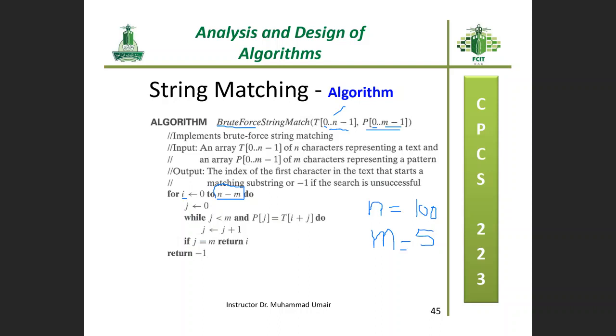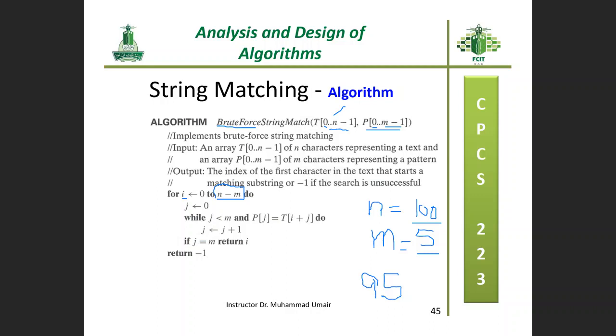Yes, the maximum index from where a pattern can start in the text could be n minus m. For example, if n is 100, there are 100 characters in the text and the pattern length is 5. It means 95 will be the maximum location in the text from where the pattern can start. Is that clear?